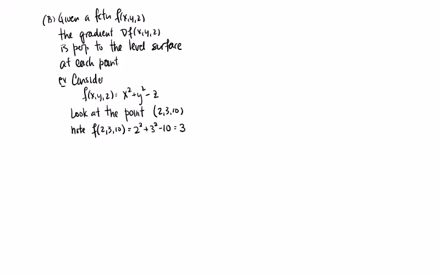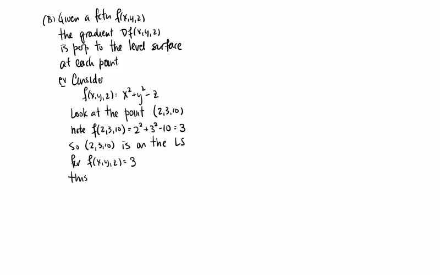That's 13 minus 10, which is 3. So 2, 3, 10 is on the level surface for f of x, y, z equals 3.